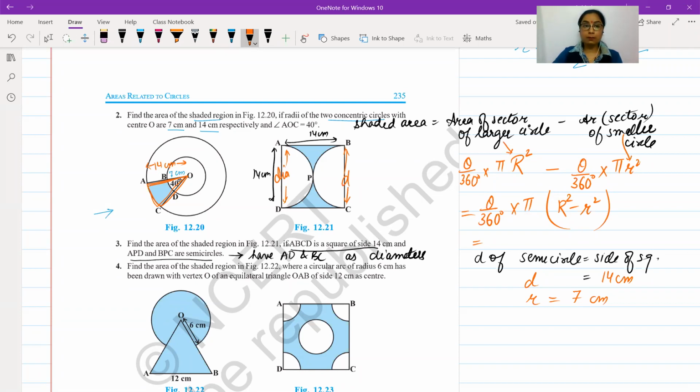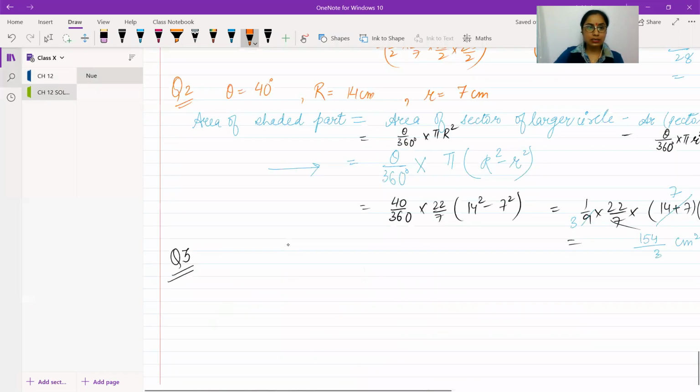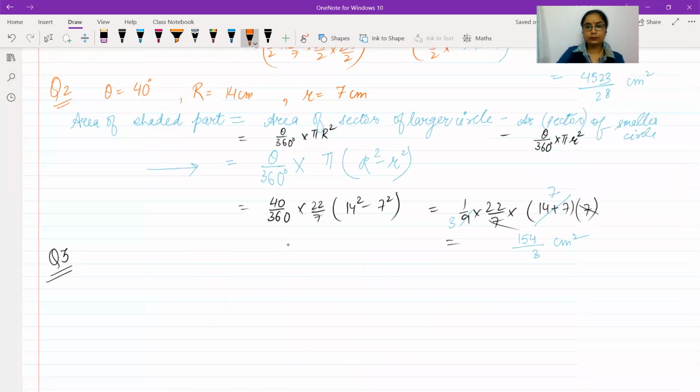Area of the square is given by side multiplied by side, and you know how to find the area of semicircles. Let's write down.